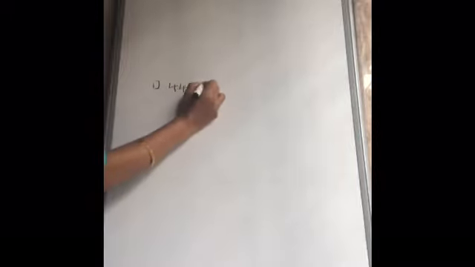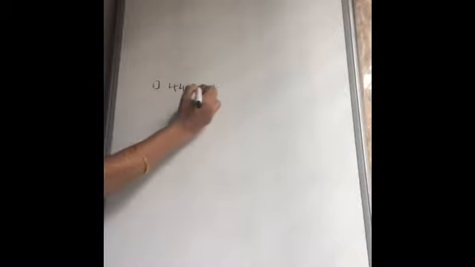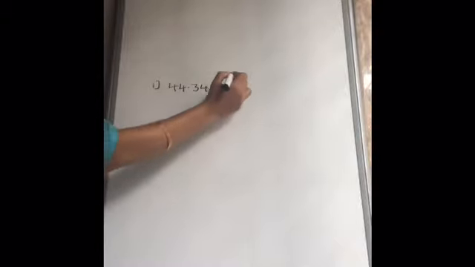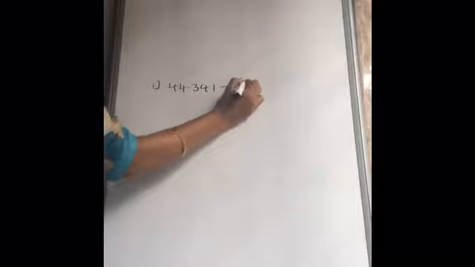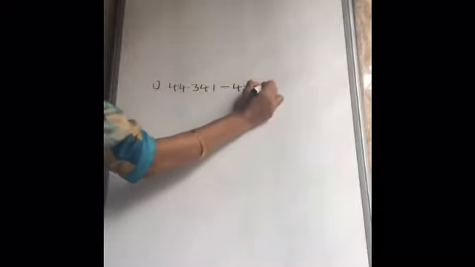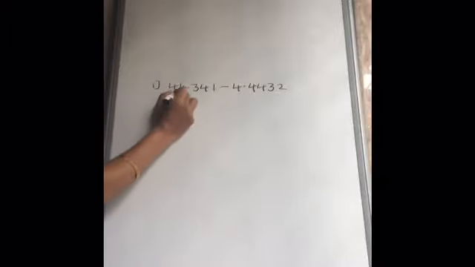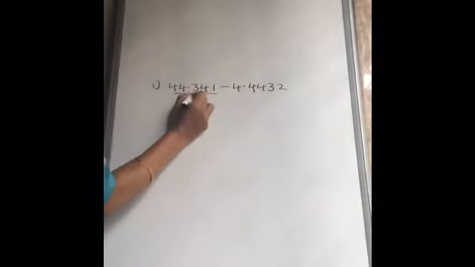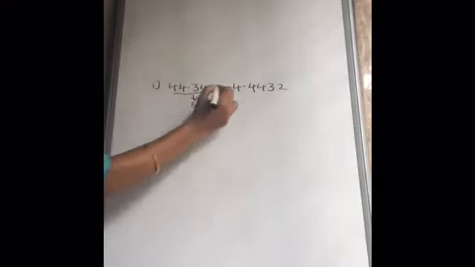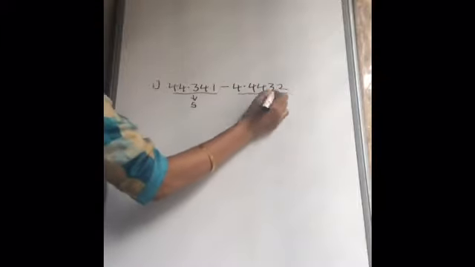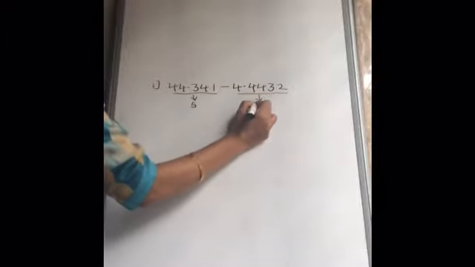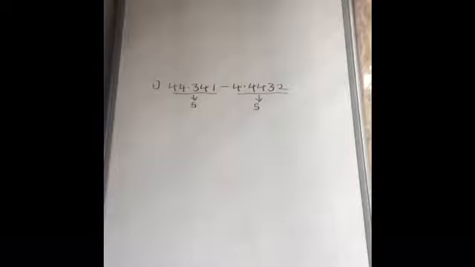Now we solve the problems based on subtraction. First example, 44.341 minus 4.4432. This component has 5 significant figures and this one also has 5 significant figures.